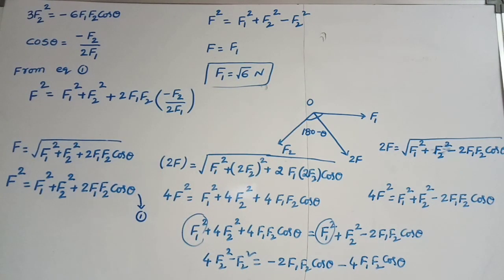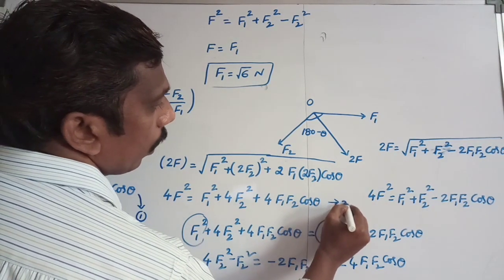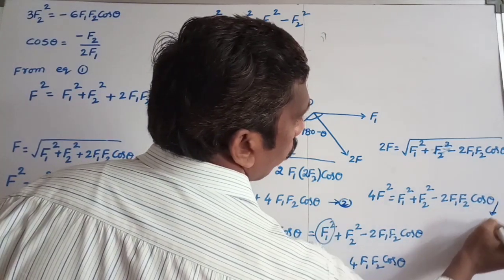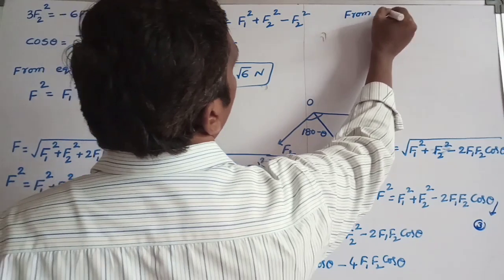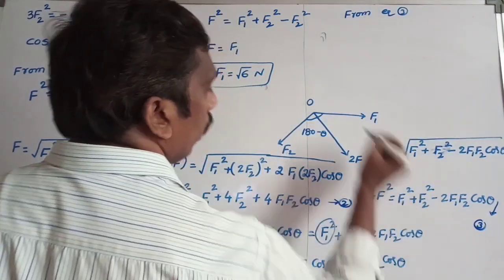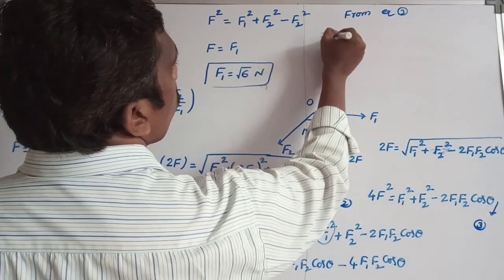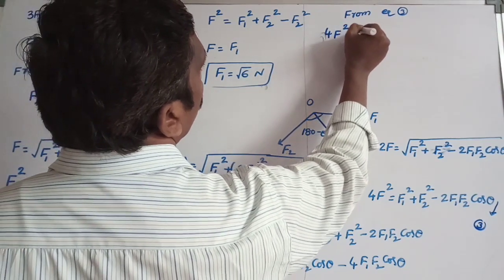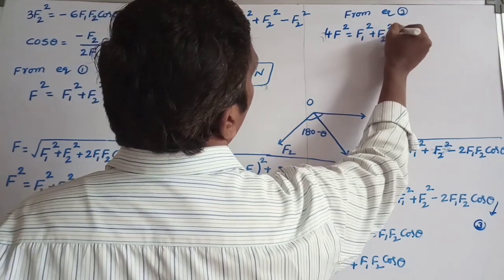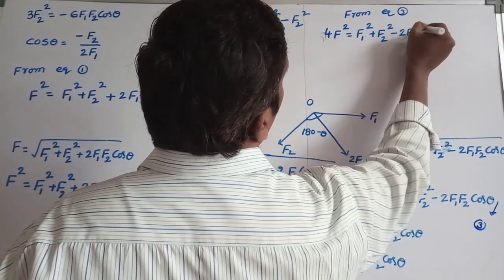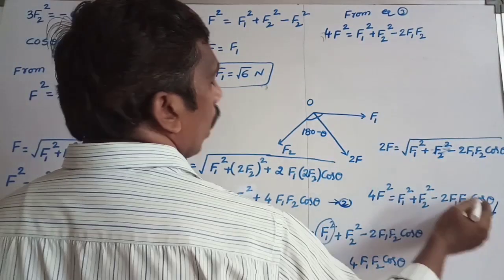This F1 value and theta value substitute in any one equation, then we get the F2 value. Say this is equation number 2 and equation number 3. From equation 3, here 4F square is equal to F1 square plus F2 square minus 2F1 F2 cos theta.